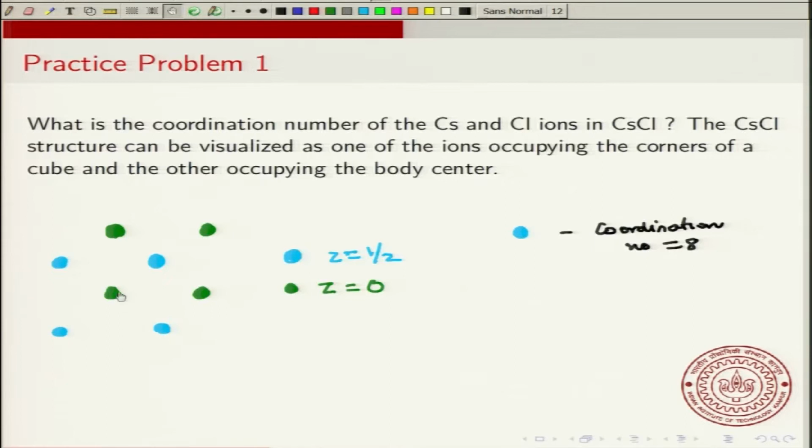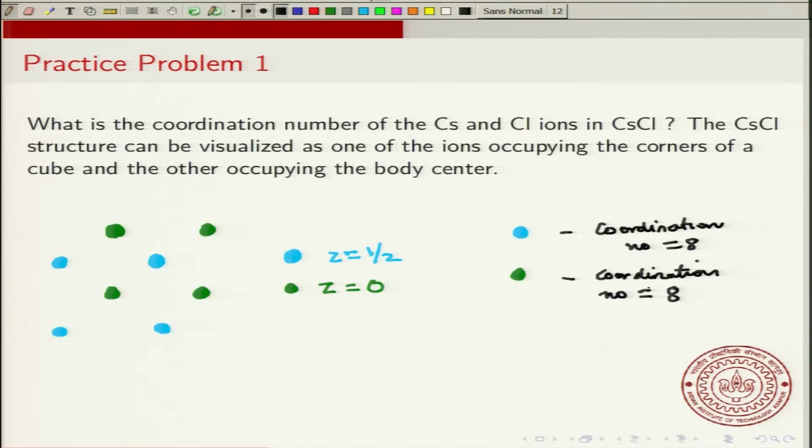So, what I want to say is that this green ion is equidistant from these 4 blue ions, and it will be equidistant from 4 more blue ions located at z equal to minus half. So, the coordination number of the green ions is equal to 8. Now, this completes this problem.